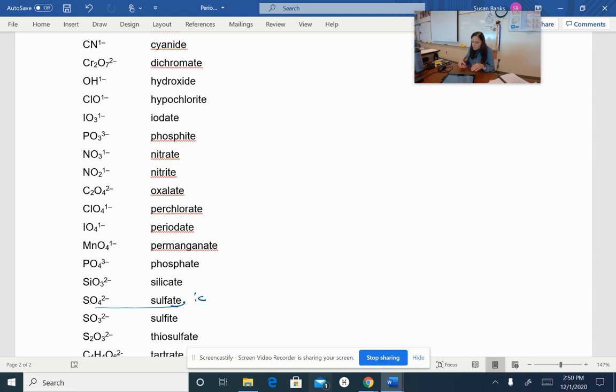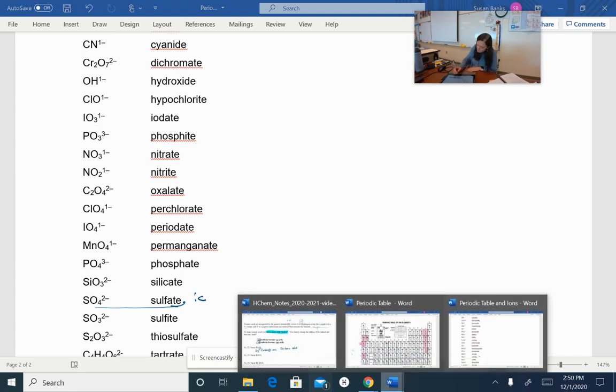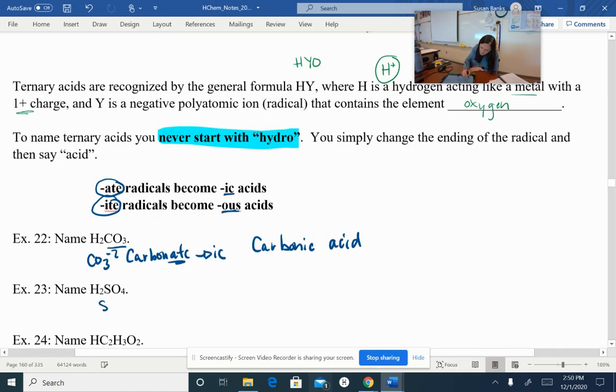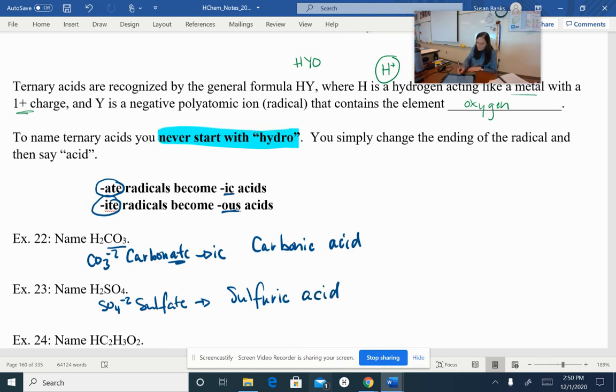This is sulfuric. So we're going to change that to sulfuric. So SO4 -2 is sulfate. We change this to sulfuric acid. And yeah, I capitalize these. They really don't have to be capitalized. That's just the way I write. I'm kind of goofy like that.